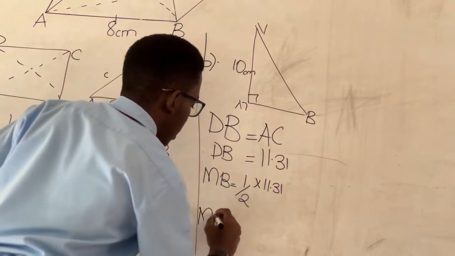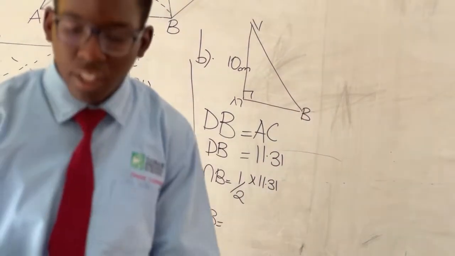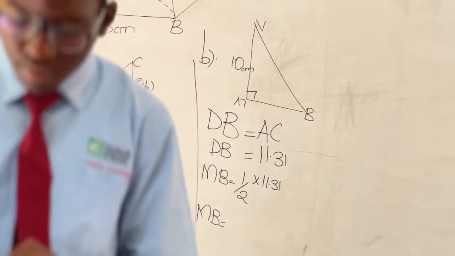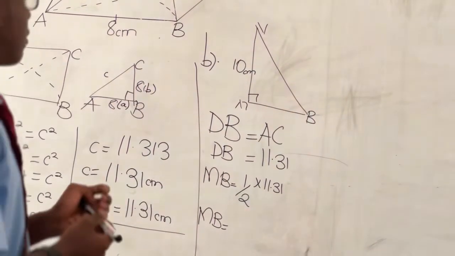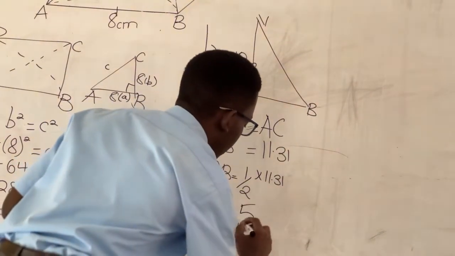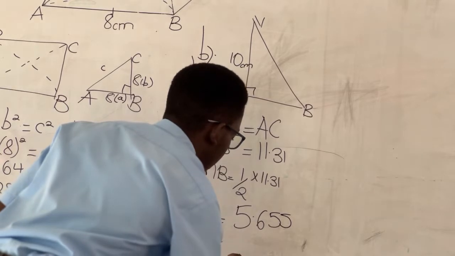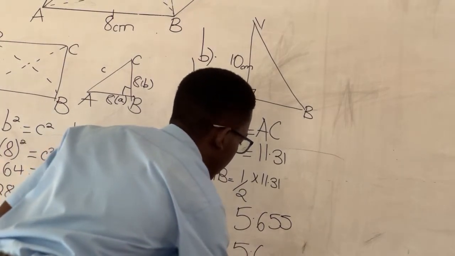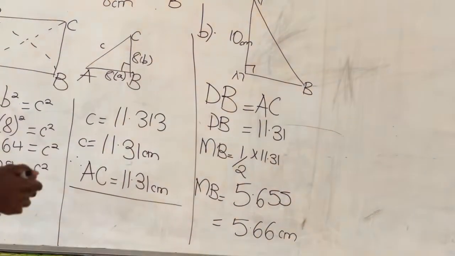MB is equal to a half times 11.31. So our MB is equal to a half of this. I quickly press the calculator, and you get 5.655. To 2 decimal places, MB will be 5.66 centimeters.